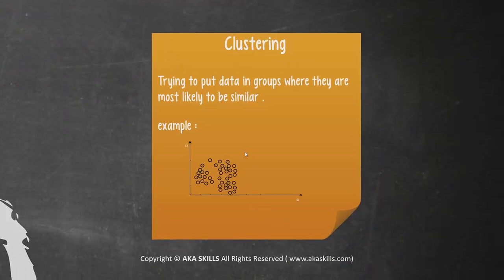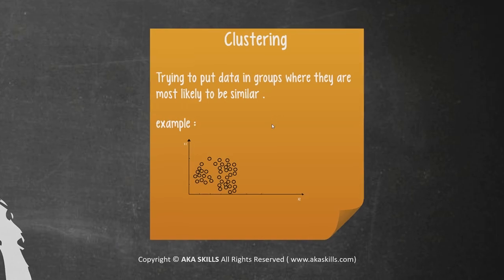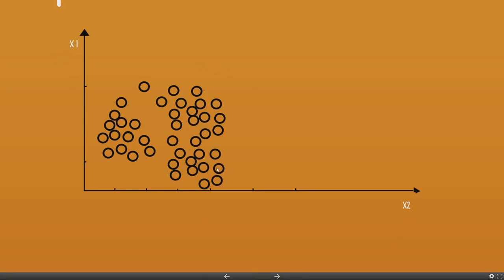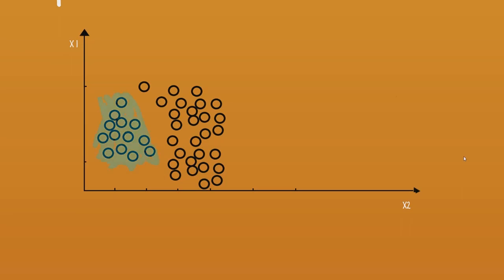So what's clustering? Simply, clustering is trying to put data in groups where they are most likely to be similar. We have this example here. We have unlabeled data, x1, x2, but we know nothing about this data. It's just scattered data. So our job is to try to predict groups for these data points.